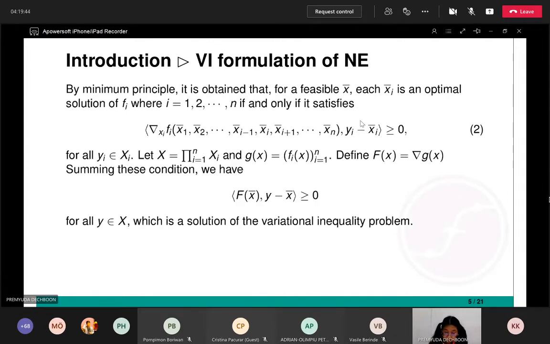So from the minimization problem, we can write it by using the minimum principle as this one. We can consider this kind of function in the quasi-variational inequality problem when we set x as the product of xi. So this capital F is replaced by this one.